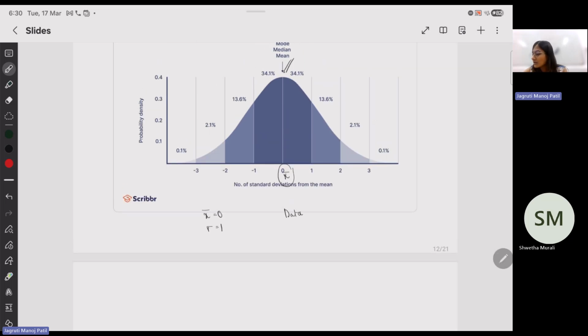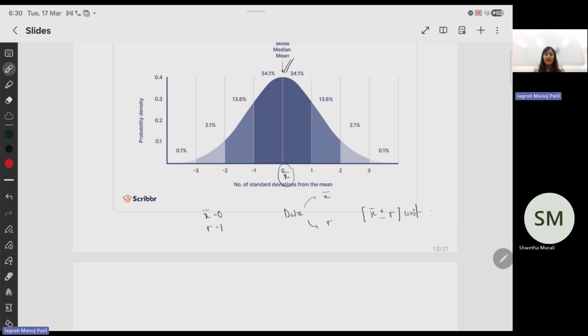Then how do you represent the data? Let's say you have data, and from that data you compute its mean and its standard deviation. When you're writing reports or a manuscript, you write that your data had variations of mean plus minus standard deviation, and your unit. That's how you represent your data set.